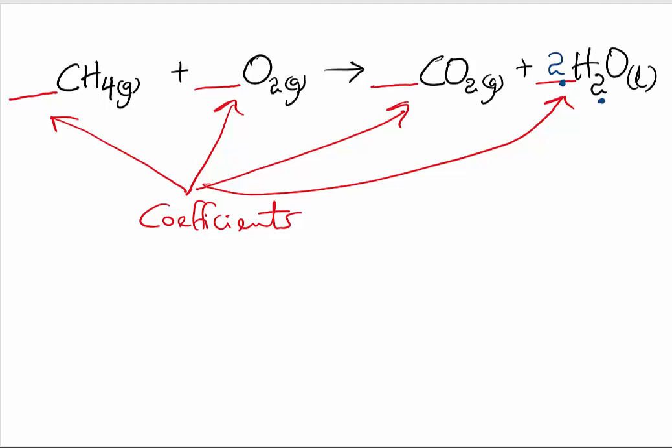But by placing a 2 out here in front of water, we will also use the coefficient to multiply the number of oxygen. And 2 times 1 will give us 2. Which means that the total oxygen on the product side is now 4 oxygen atoms.